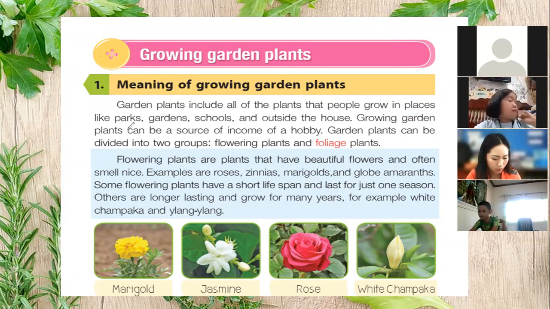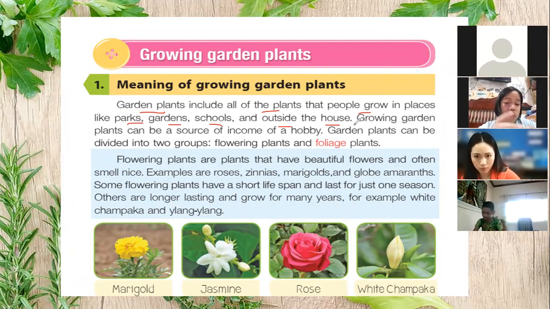Garden plants include all of the plants that people grow in places like parks, gardens, schools, and outside the houses. All those plants which are being grown in the parks, gardens, schools, outside of the houses, they all include garden plants.